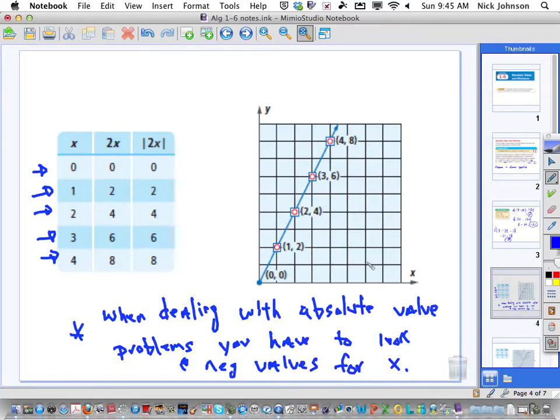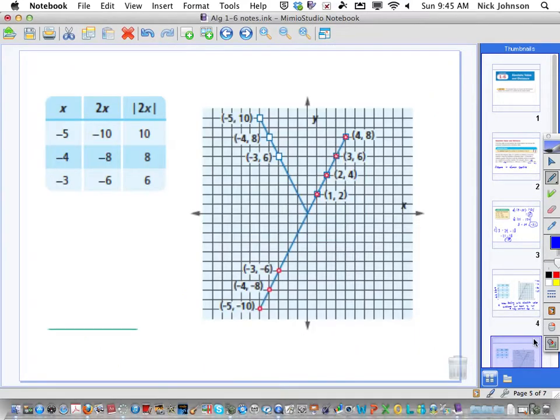What are negative values for x? Well, negative 100, negative 10, negative 50, negative 25. Okay? Negative values. Put negative values in for x. Notice we just put in positive values. And on the next slide, they're going to put in some negative values for us.